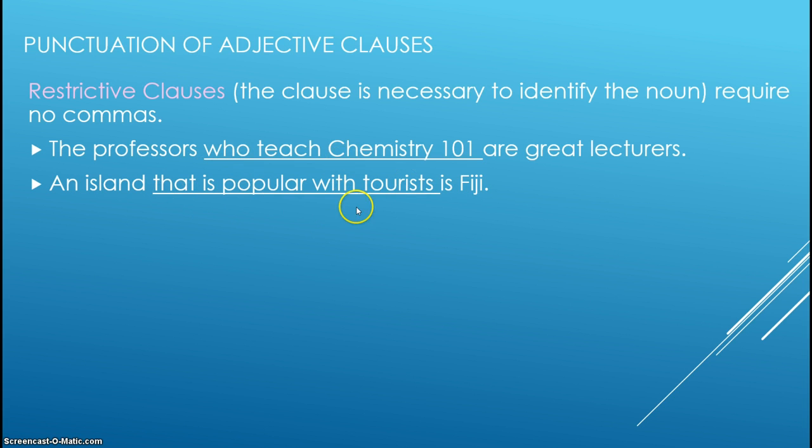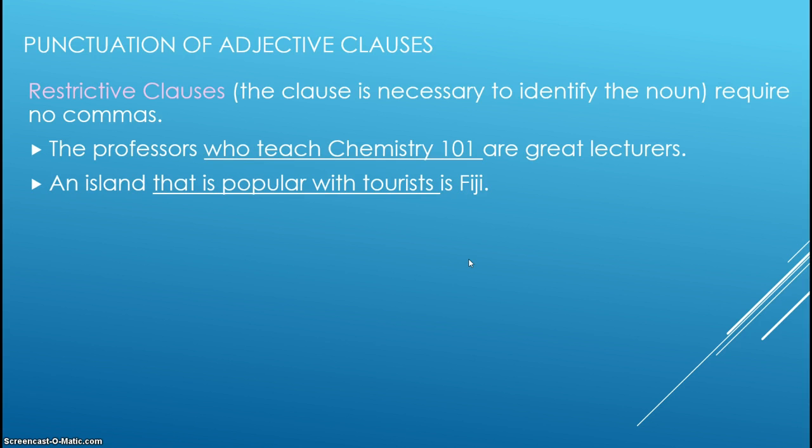This is quite crucial for the intended meaning of the sentence. I'm not just trying to tell you that there's some island that's named Fiji. This is what I'm trying to tell you: an island that is popular with tourists, this kind of island is what I'm talking about, happens to be called Fiji. So again, that's a restrictive clause. It's necessary information. We do not put any commas around it.